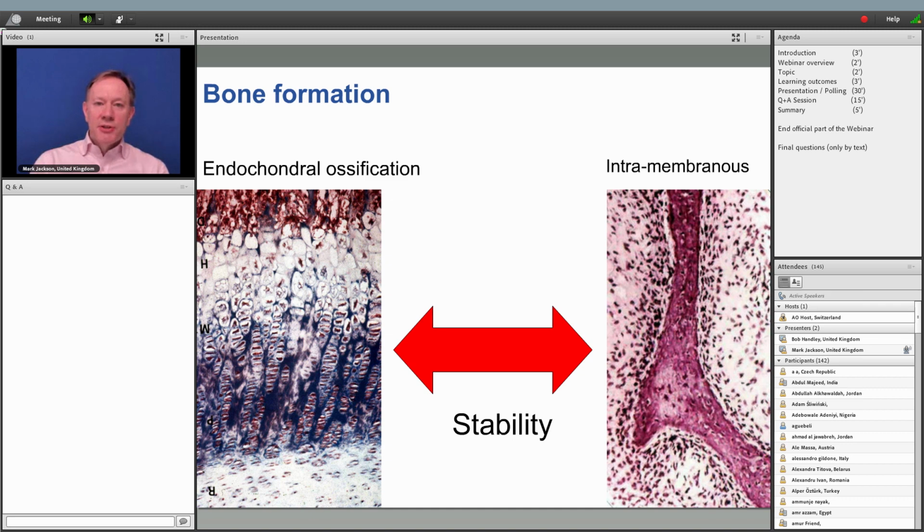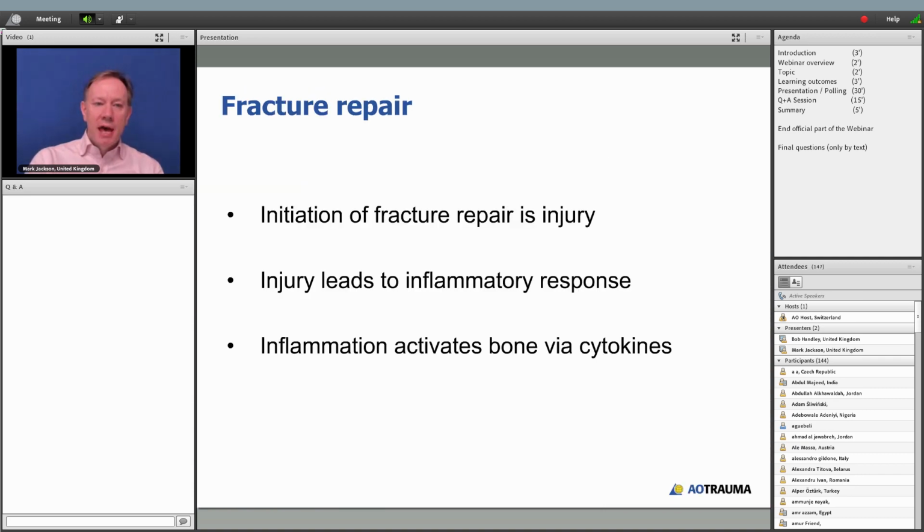And what we can see is that stability of the fracture determines which one of those methods of bone formation is predominant. So absolute stability will tend towards intramembranous bone formation. Relative stability will have a cartilage precursor stage.